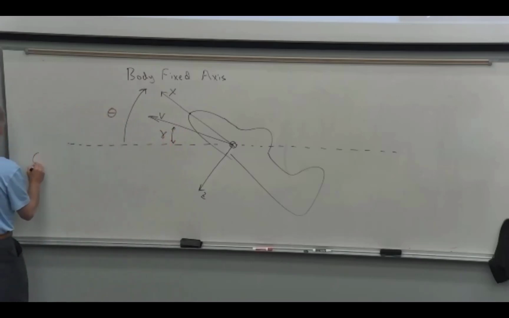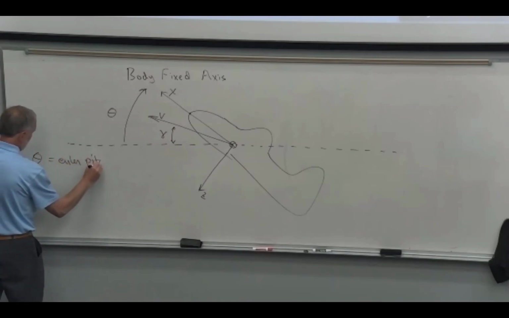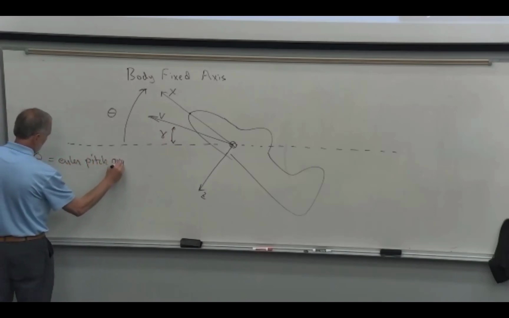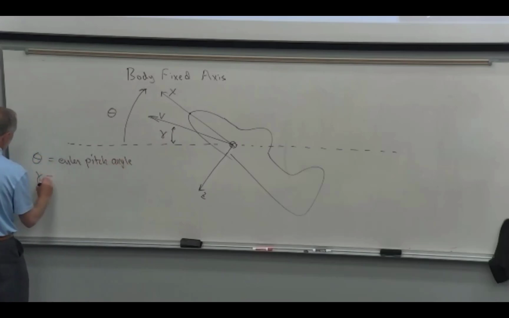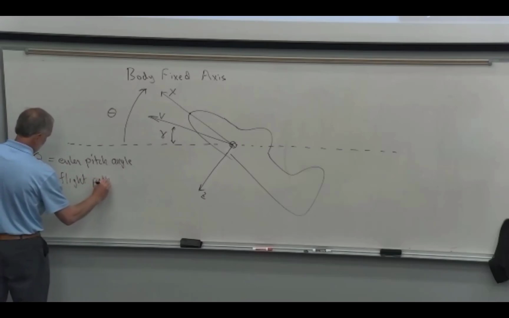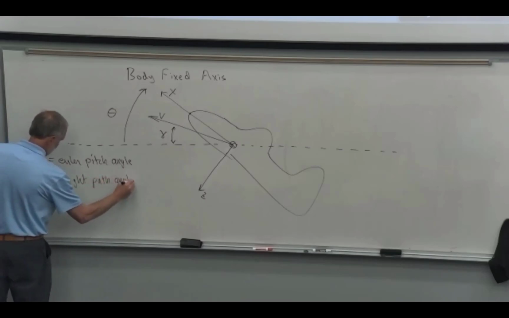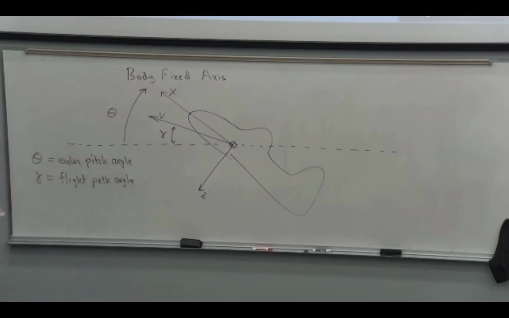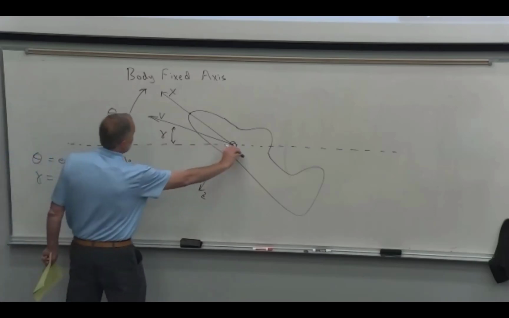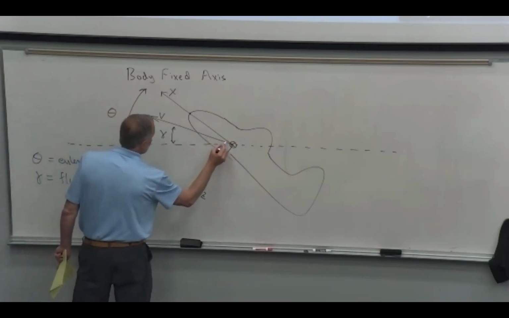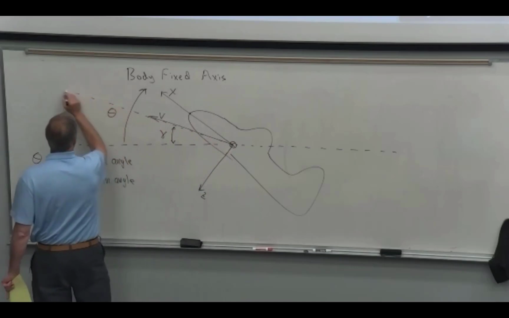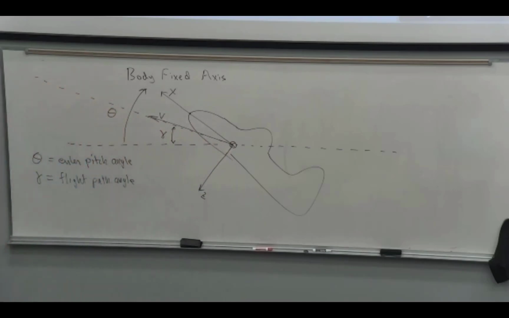So let's define those. Theta is the Euler pitch angle. And gamma is the flight path angle, because if you follow the CG, it's going to go in the direction of the velocity. So if you followed a flight path, the CG is going to move along like that.